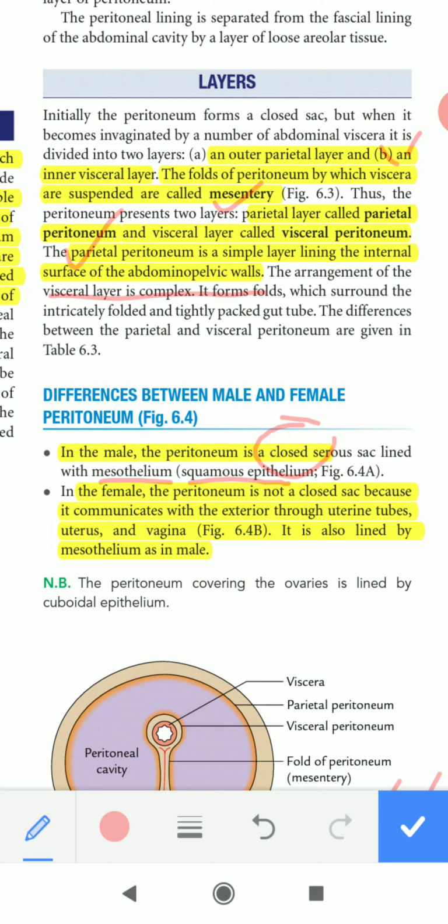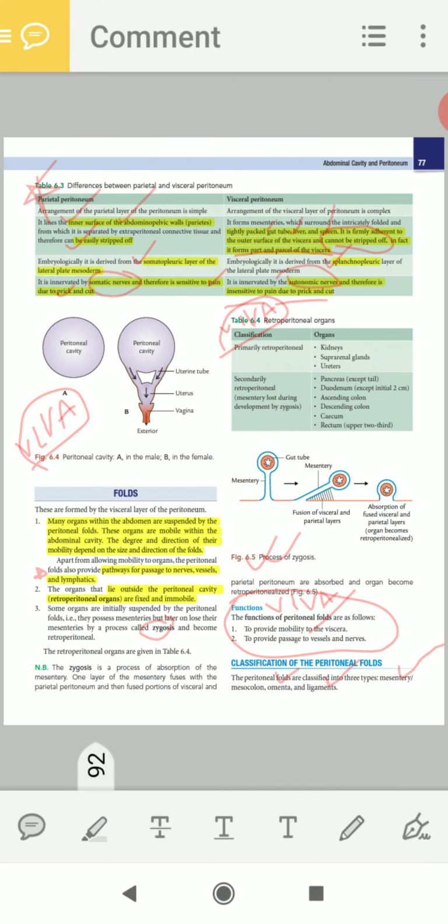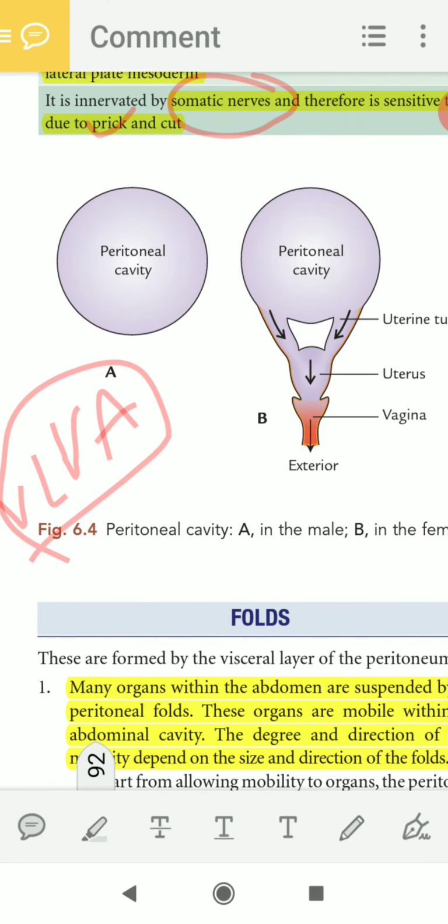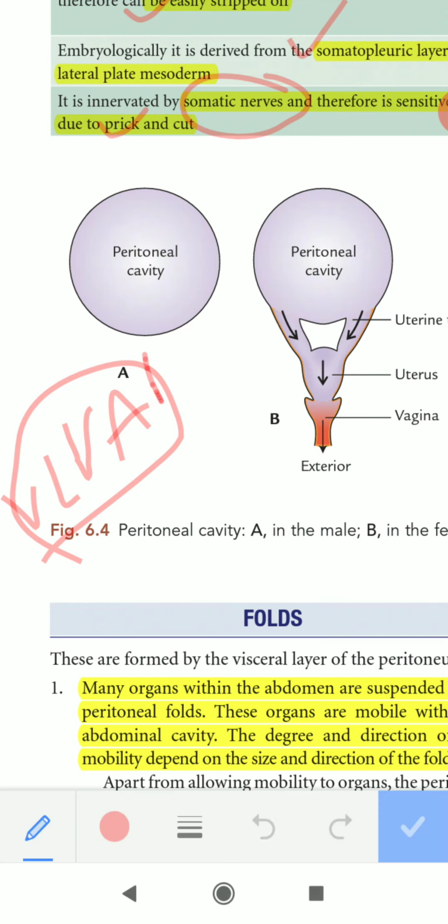It communicates with the exterior environment through fallopian tubes or uterine tubes, uterus and vagina, and it is also lined by mesothelium as in male.